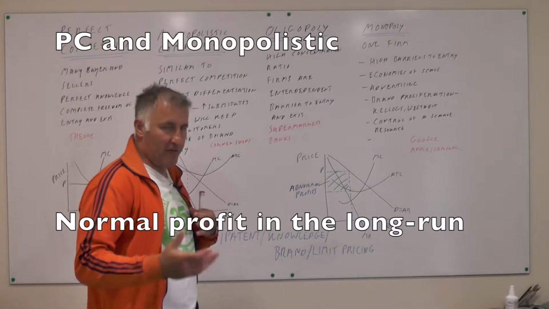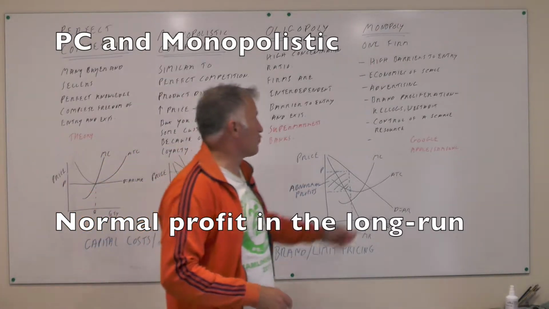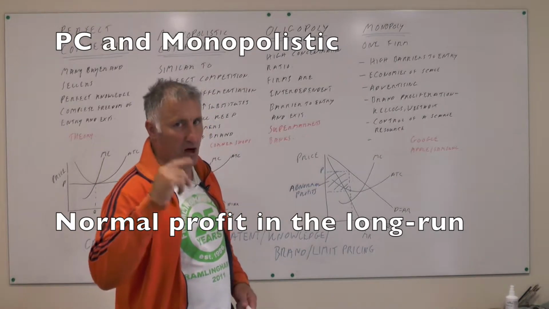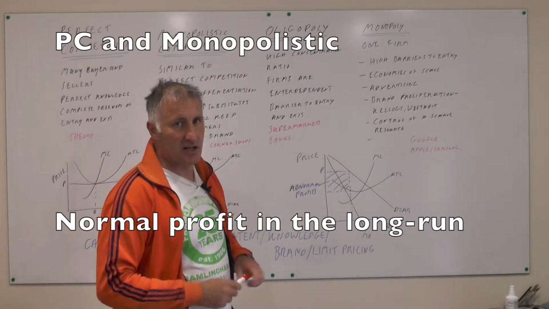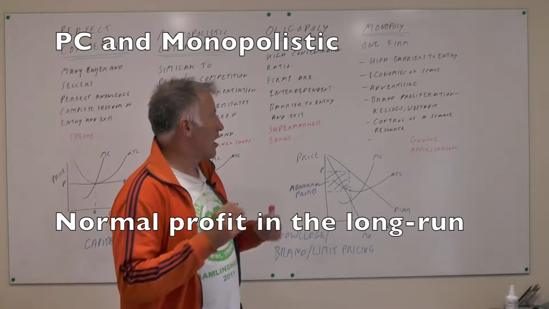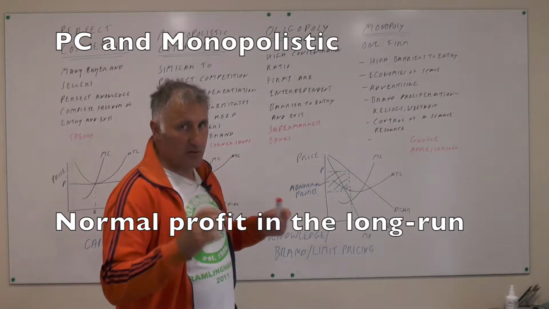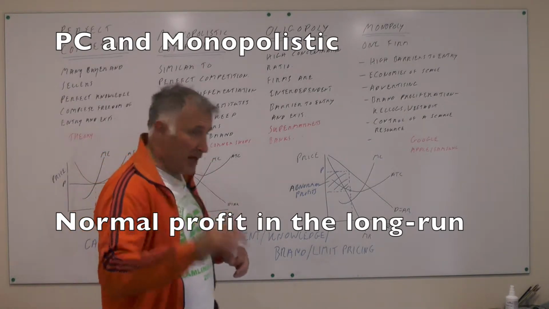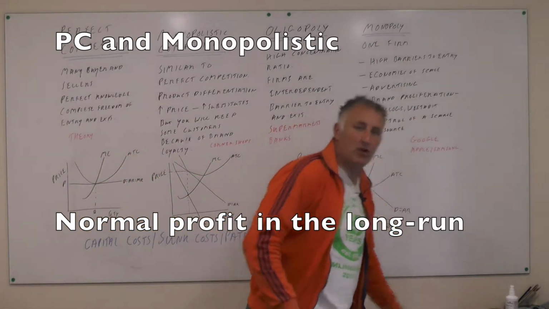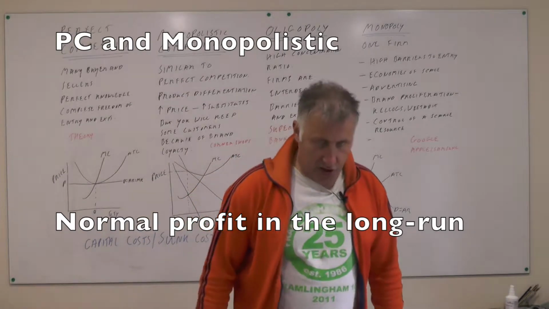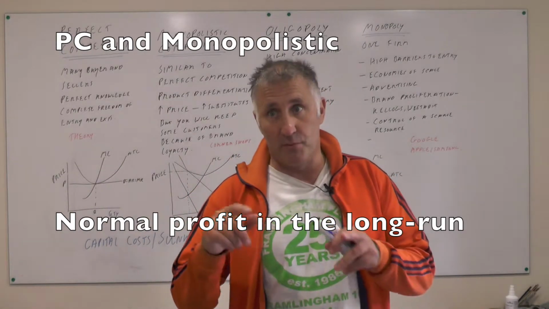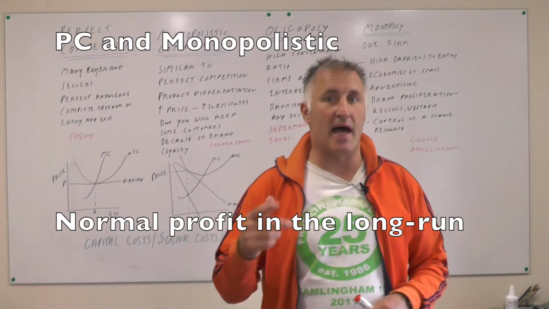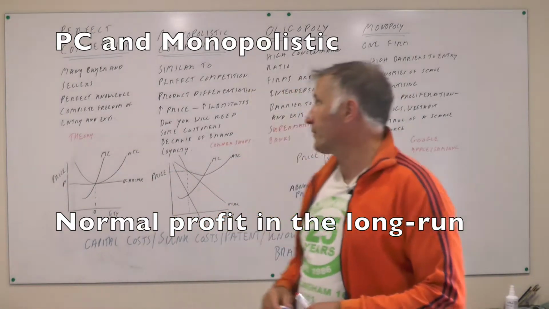A few number of big firms competing with each other, and also we have a monopoly which in one way is just one firm, although the definition expands at later stages to an industry having more than 25% of a particular market. Now, what you're trying to look at, at the end of the day, as per usual, is economic efficiency, which is using the best resource, maximising the use of scarce resources to maximise economic and social welfare.